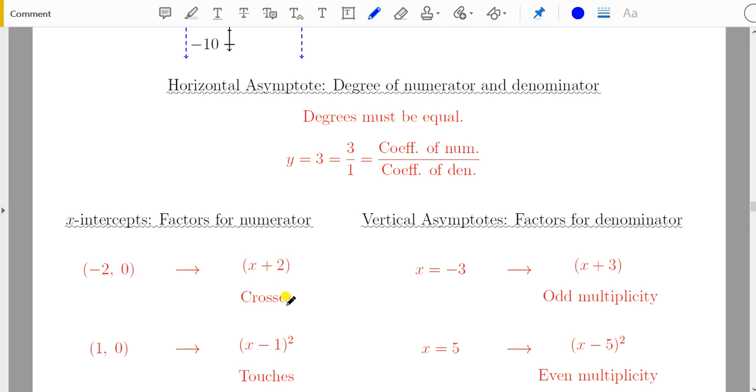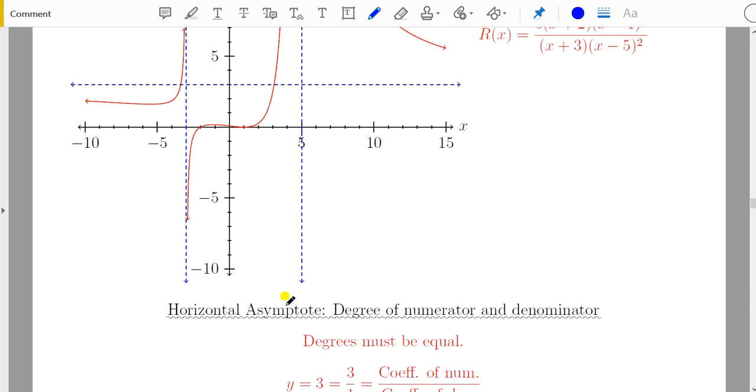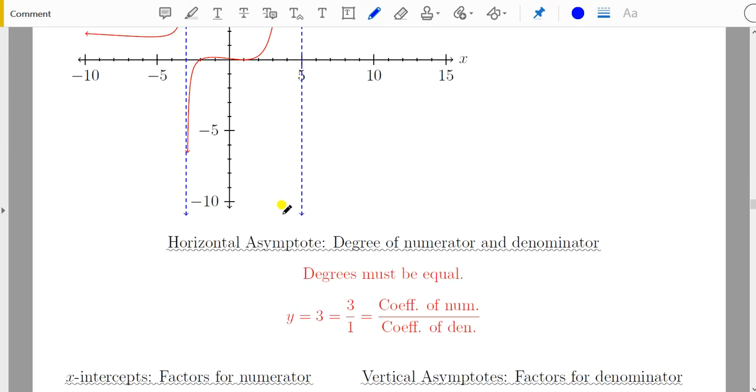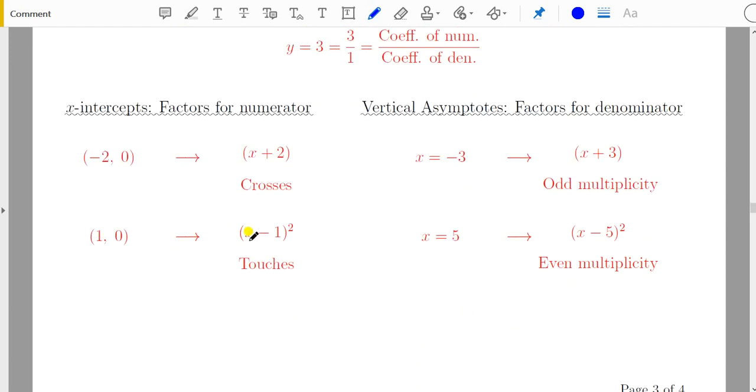And we also have one more x-intercept here, but it's touching, it's not crossing, it's just touching at 1. So we have another factor, x minus 1, because x minus 1 equal to 0, so x equal 1.